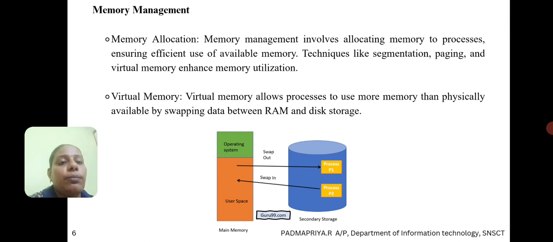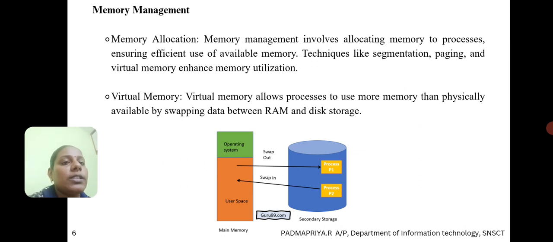Once we get the input from the user, the process gets some memory space and starts the execution. For that process, states and data will be stored in the secondary storage. So in that secondary storage, there should be two processes, P1 and P2.